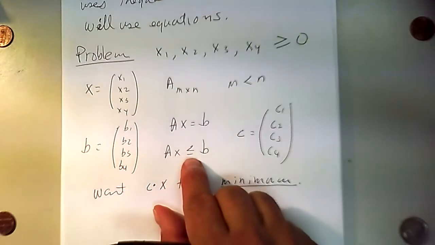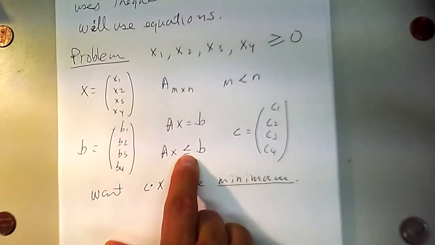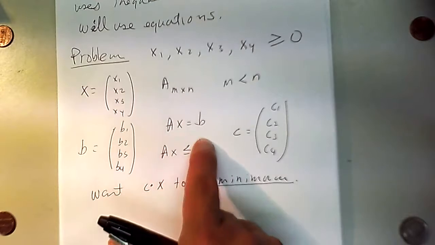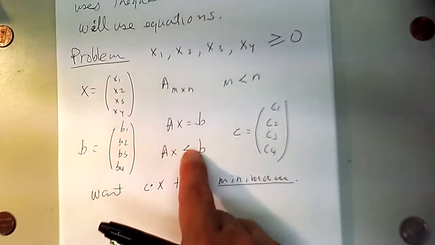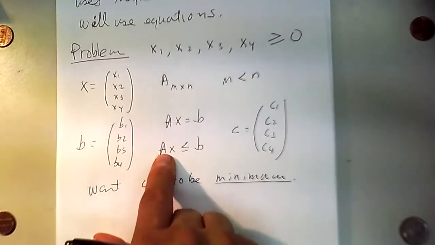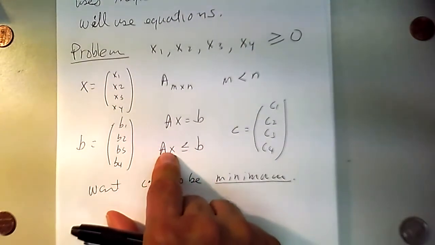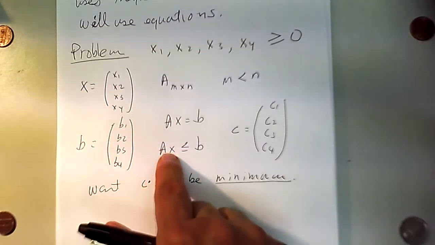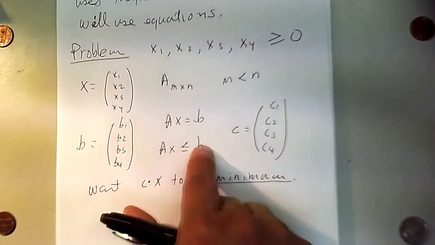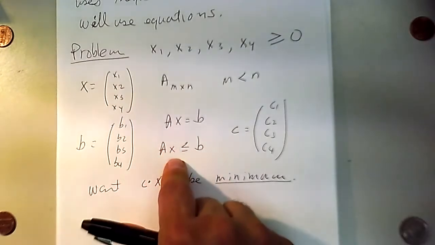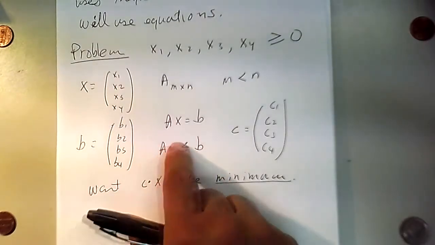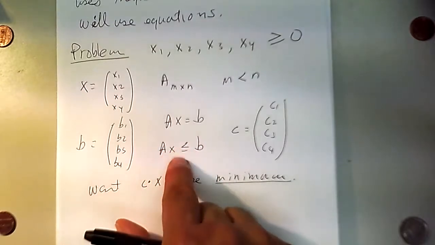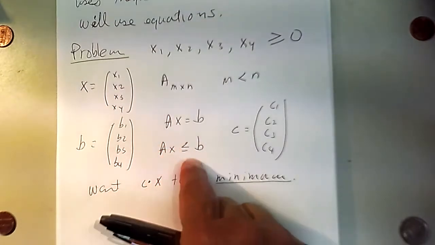Mind that this symbol technically as written doesn't make sense, because we haven't defined what we mean by one matrix or one vector being smaller than another vector. We can talk about the magnitude, or the length of the vector, but not a vector by itself. So this is a little bit of abuse of notation.